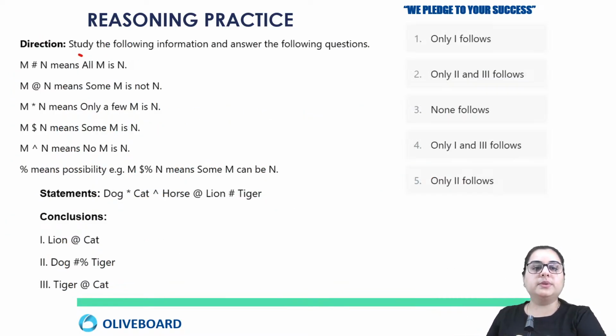Okay, so now the next question here is the coded type. Now I am going to cover the coded type where symbols are given and the meaning of all the symbols is also given, and the same symbols will be used in the statement and conclusion both.